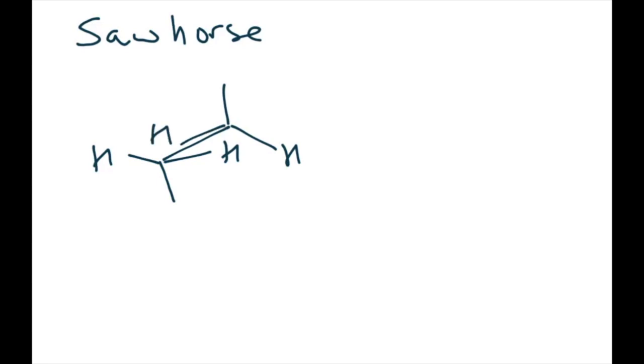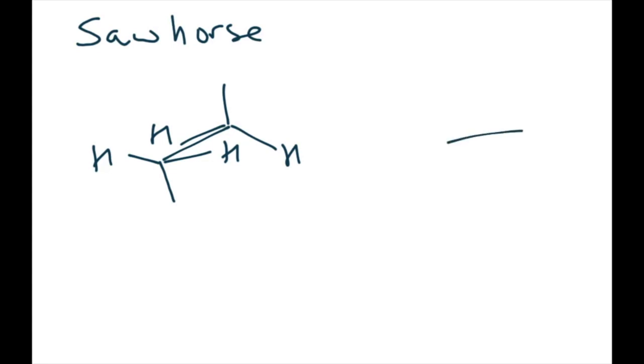So we've turned it. Instead of looking at it in a straight profile, we've tilted our perspective. So we don't have to use wedges and dashes anymore because we can draw the hydrogens to show which ones are on one side of the bond and which ones are on the other.